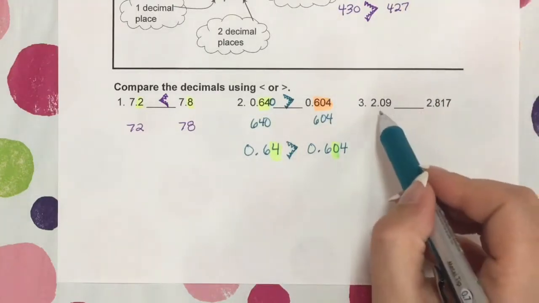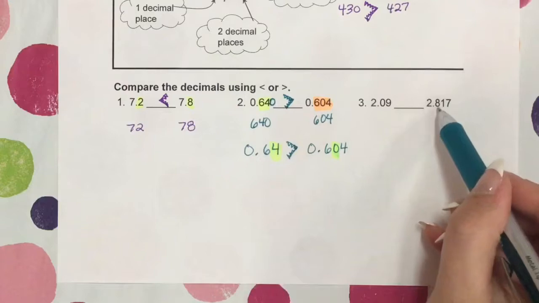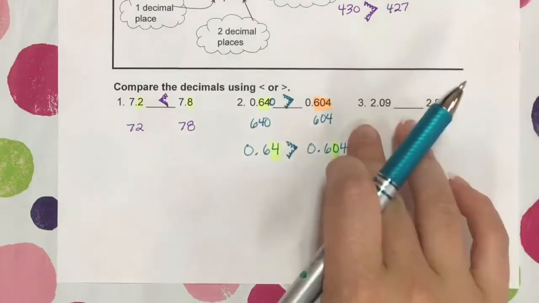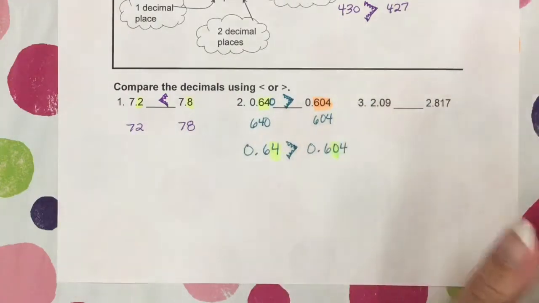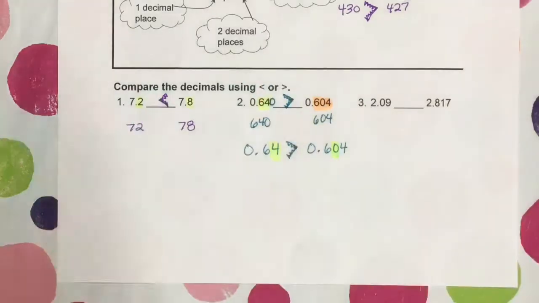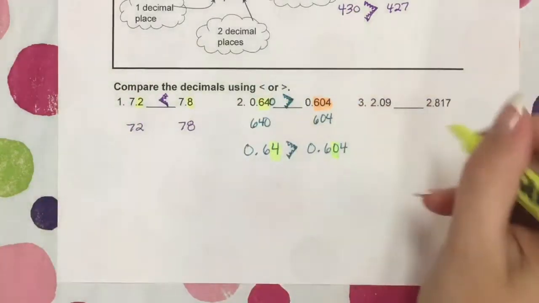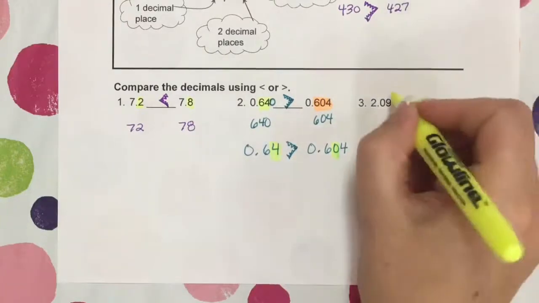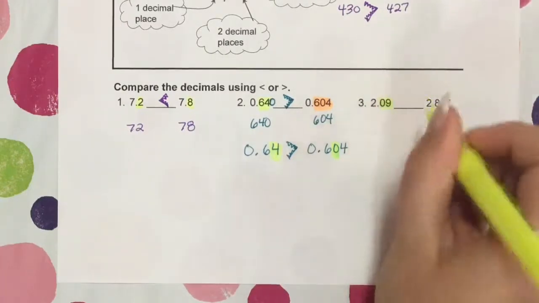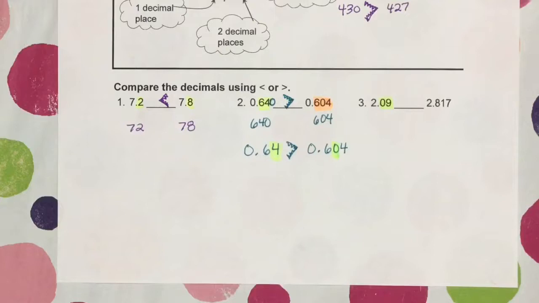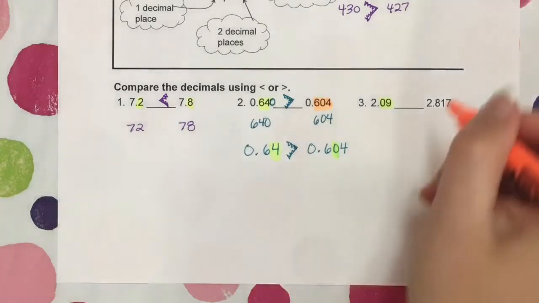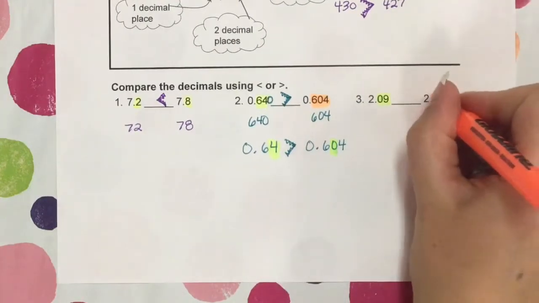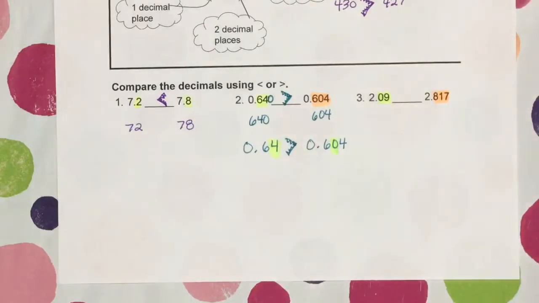Okay, so we have 2.09 and 2.817. They both have a 2 in common. Oh, wait, we're doing the decimal places thing first. Okay, so this one has 2 decimal places, and this one has 1, 2, 3.